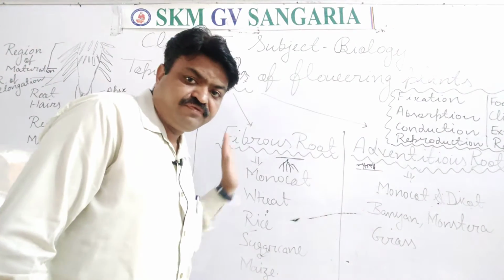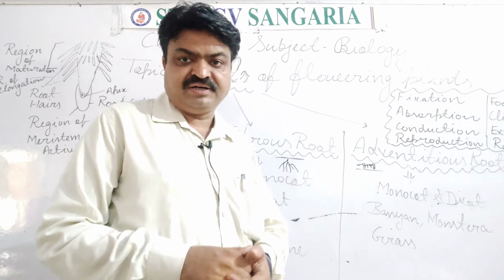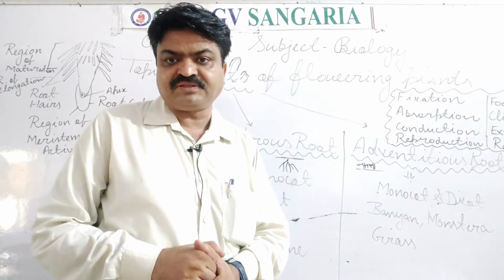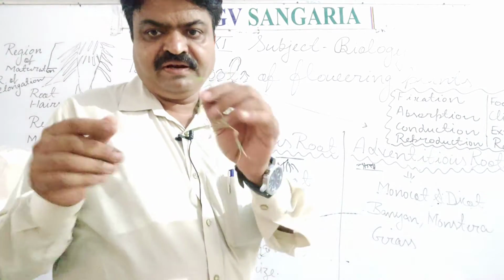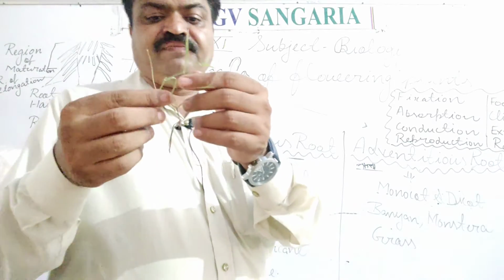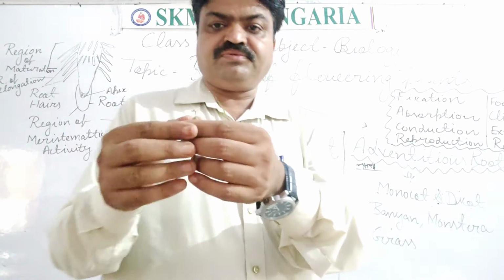Fibrous root is found in monocot plants, like the wheat plant. Here I have one plant, and you can observe its root.